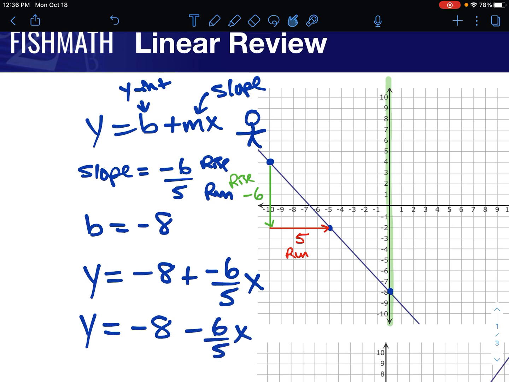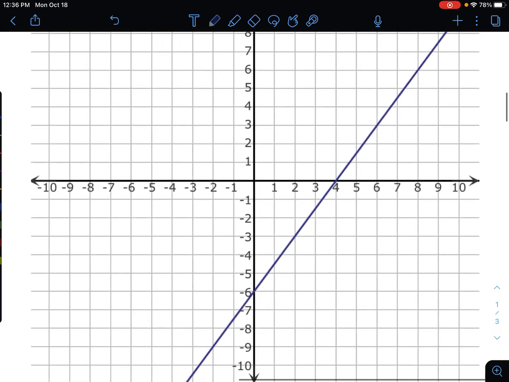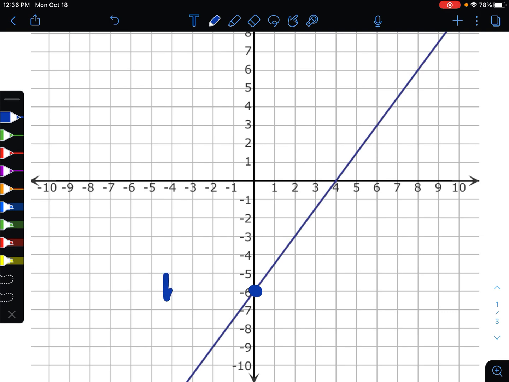Okay, for the next one here, let's start with the y-intercept. Let's see if we can find that first. Here it is at -6, so b equals -6. And let's find another pretty point here. Looks like this would be a good spot. A lot of good options here. So I'm going to put dots on there, and then I'm going to again do rise over run between any 2 points.